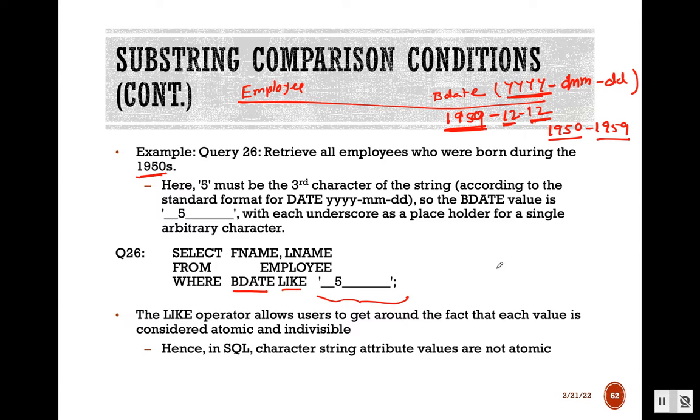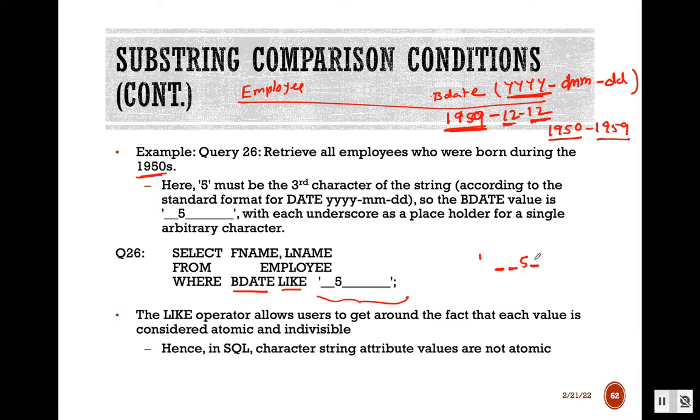Each underscore symbol is going to replace a single arbitrary character. So here we can write a pattern like that. This underscore will replace one arbitrary character, this one another arbitrary character, the third digit has to be 5, and then there will be other characters.